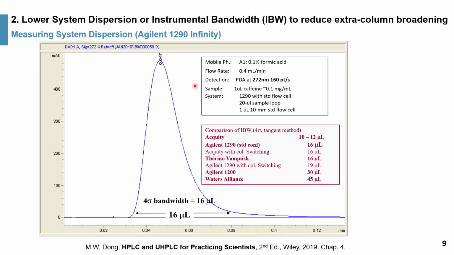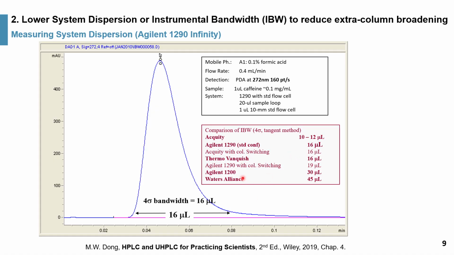Here for this 1290 system, the 4 sigma bandwidth is roughly about 16 microliters, which is quite small in comparison with an HPLC system. A typical HPLC system is much larger.